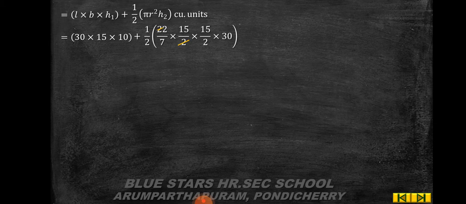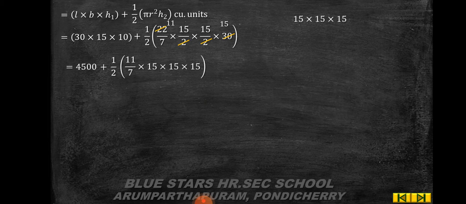So 2 and 22 gets cancelled 11 times. Then 2 and 30 gets cancelled 15 times, which is equal to 4500 plus 1/2 into 11/7 into 15 into 15 into 15.